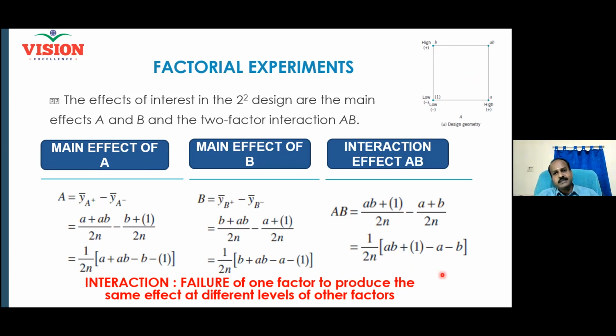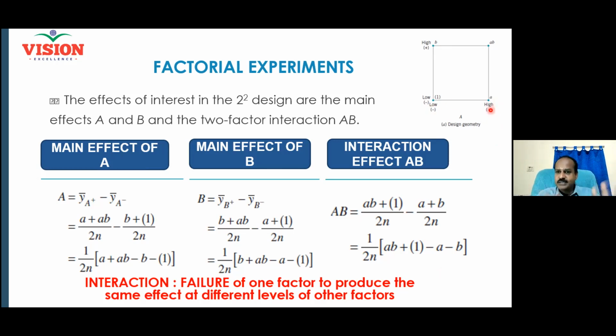Simple, right? So what is interaction? The effect of a factor changes due to the presence of another factor. When another factor changes its level, my factor gives me a different result. Earlier when I keep my factor at A, it gives me a result of only small a, because at that moment B was low.